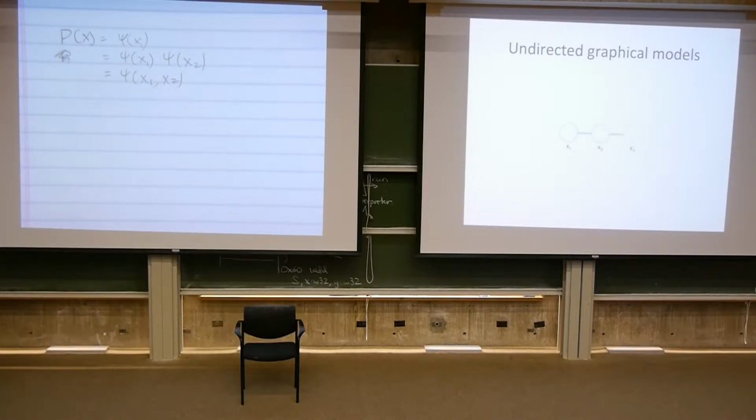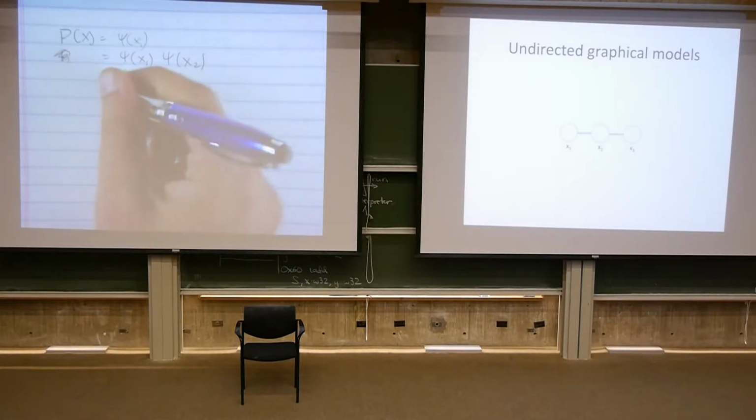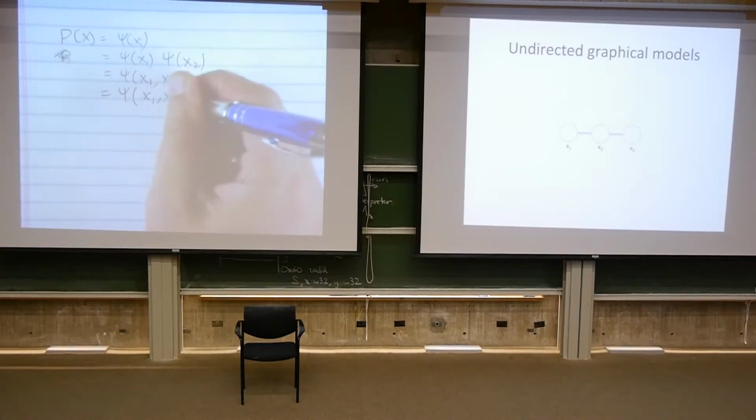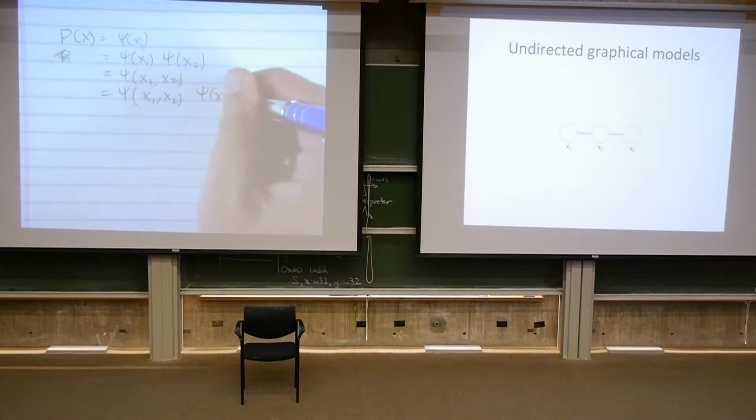Now, if we add a third one connected like that, then we're saying that x1 and x3 are only connected through x2. The only possible connection between them is through x2. So in that case, we can write the factors as x1, x2, and x2, x3.